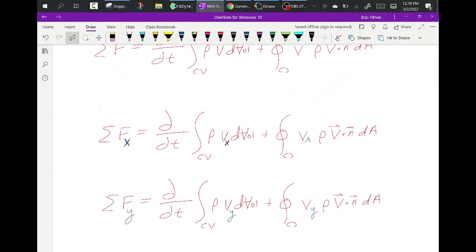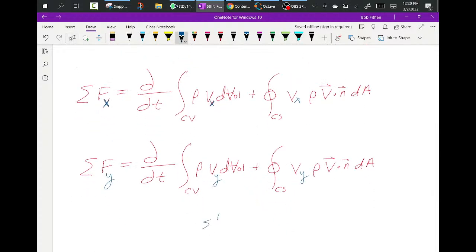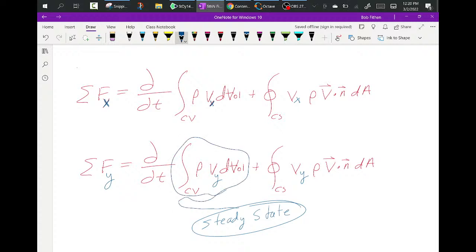Let's make another assumption. The other assumption is steady state. Steady state will tell you that this and this don't change with respect to time. So guess what happens? I can actually recopy the same junk down and use the magic of the pen.